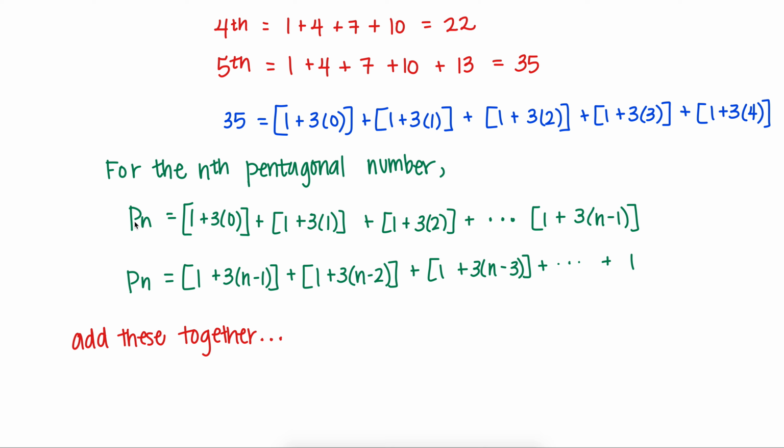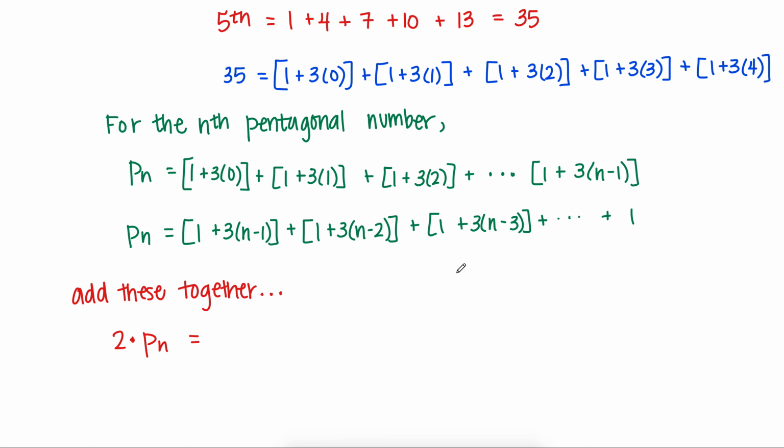what do we get? 2 times p sub n, that's the easy part. Now let's add these different pairs together. Let me start with this first pair right here. 1 plus 3 times 0, well, that's just a 1. Then down here, I have another 1 plus 3, I'm going to distribute, 3n minus 3.